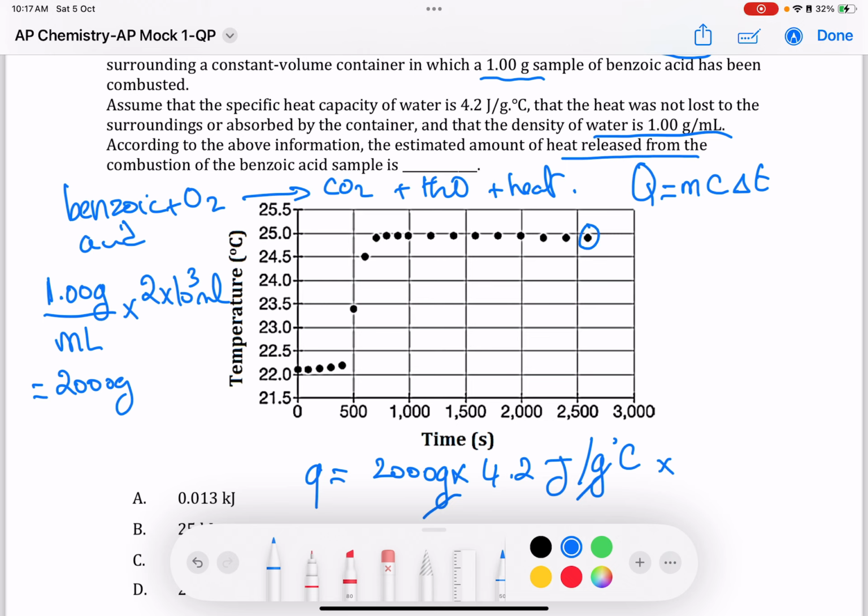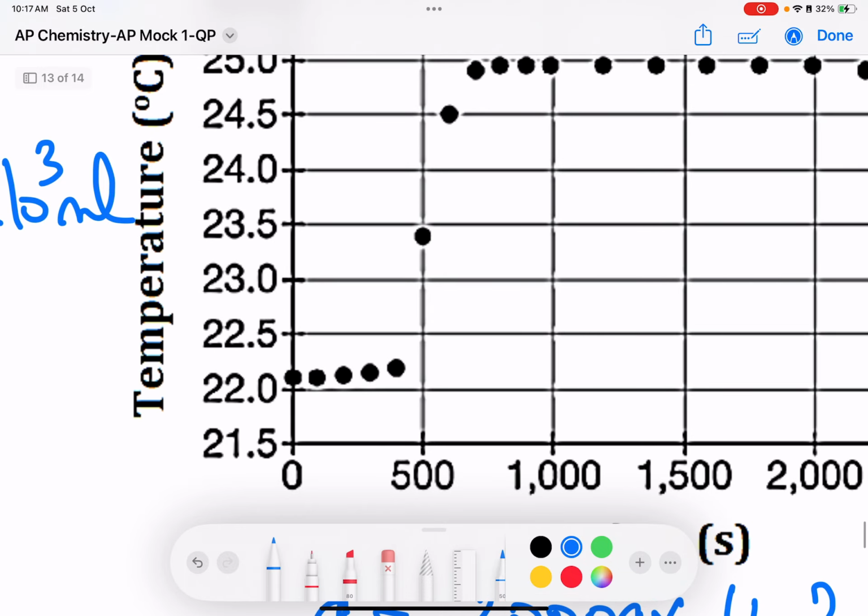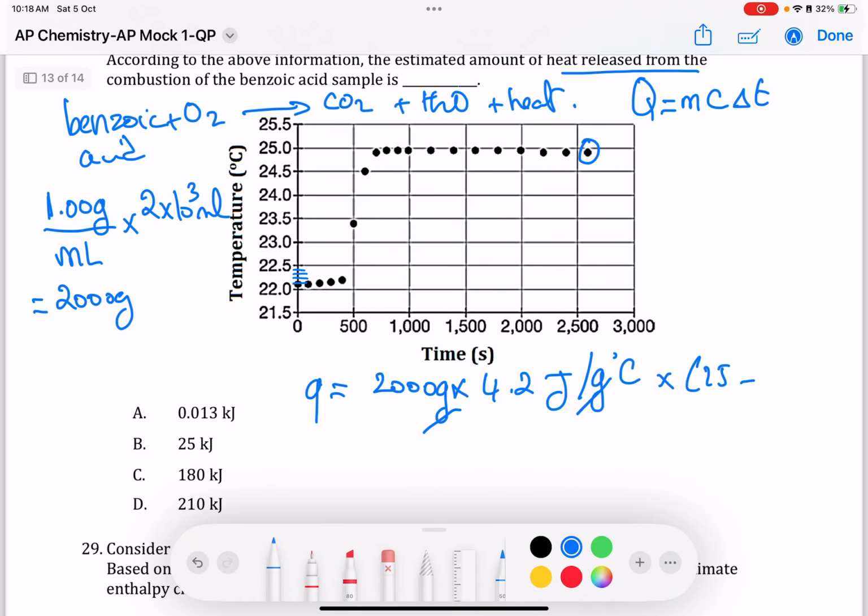So 25 is our T final, and our T initial probably is 22 point, let's say 1, 2, 3, wait, let me just count, 2, 3, 4, 5. So it's 22.1.